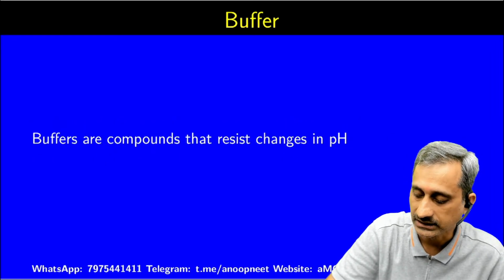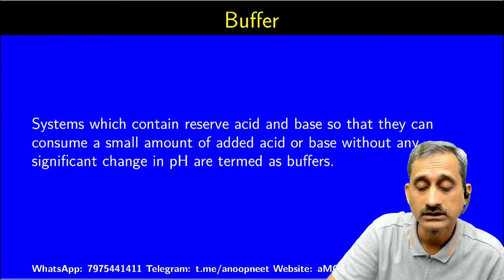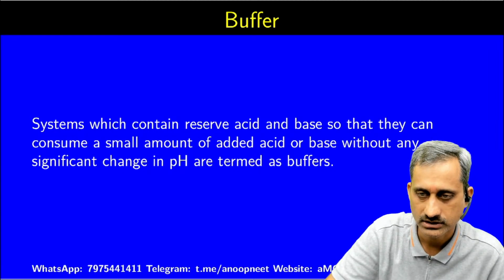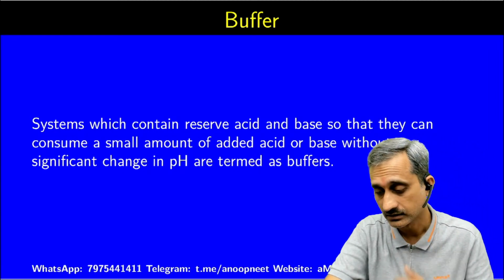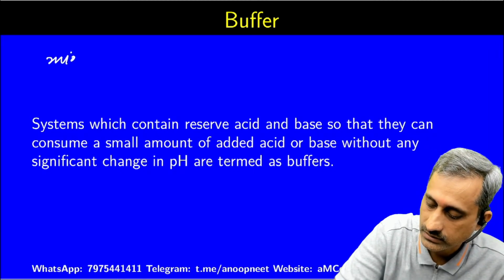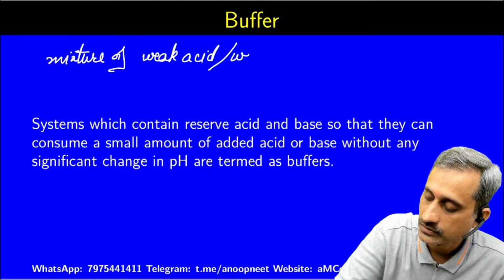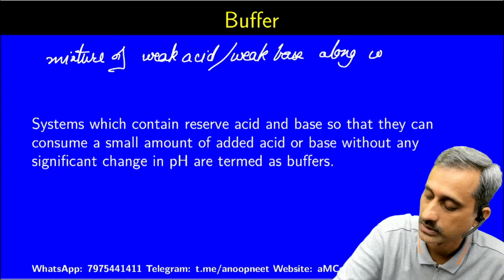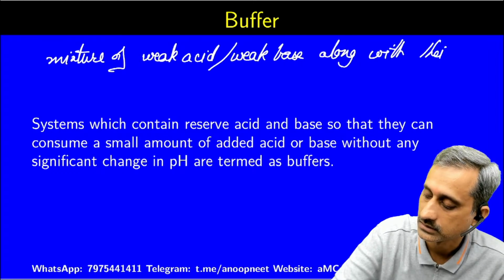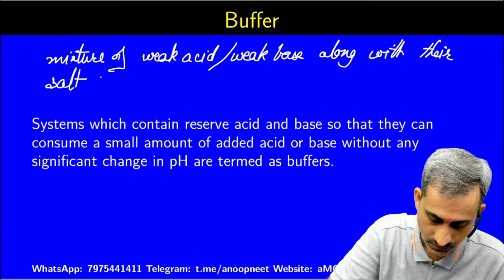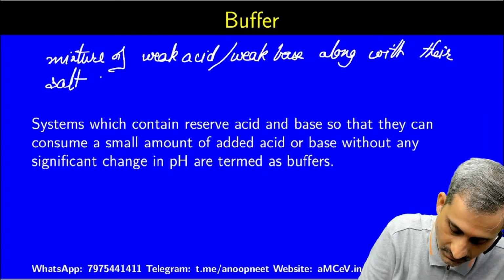The buffers are mostly the mixture of weak acid or weak base along with their corresponding salts. यानी कि it's a mixture of weak acid, weak base along with their salts. So that is what we have as a buffer.